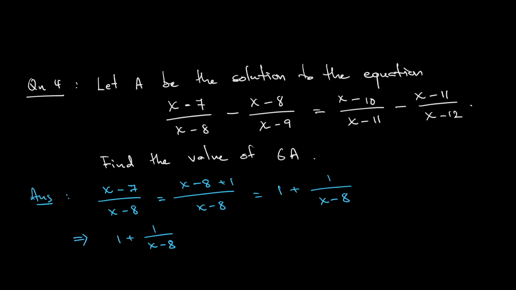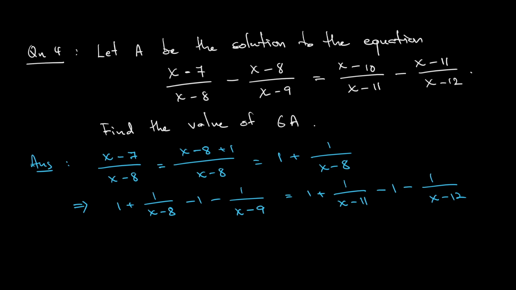You do the same thing to the second fraction, but because there is a minus in front, it will be minus 1, minus 1 over (x minus 9). I do the same thing, 1 plus 1 over (x minus 11). For the last fraction, there is a minus in front. Again, it will be minus 1 minus 1 over (x minus 12).